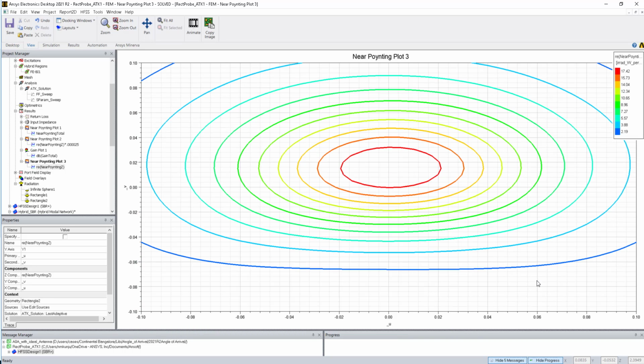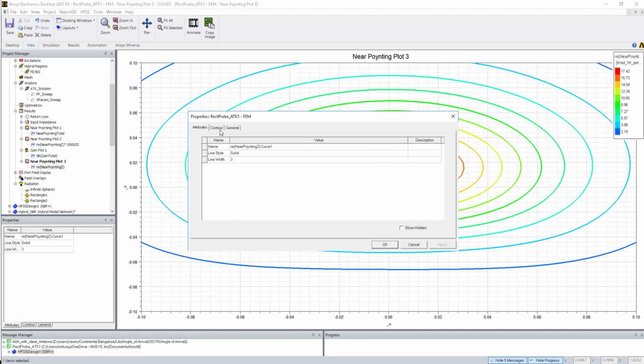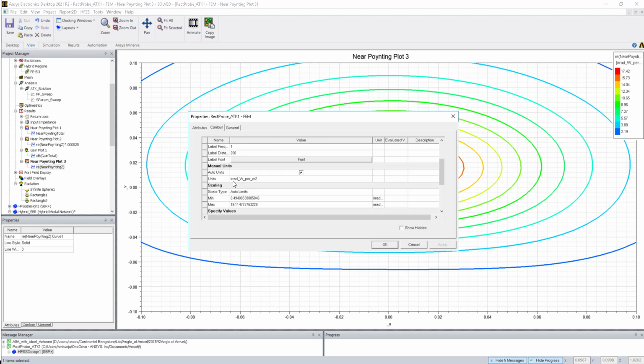So this is called power density, the power density at that point, and this is watts per meter square. The unit is not completely written, but if you double click over here, you will get information about the unit. It's watts per meter square.